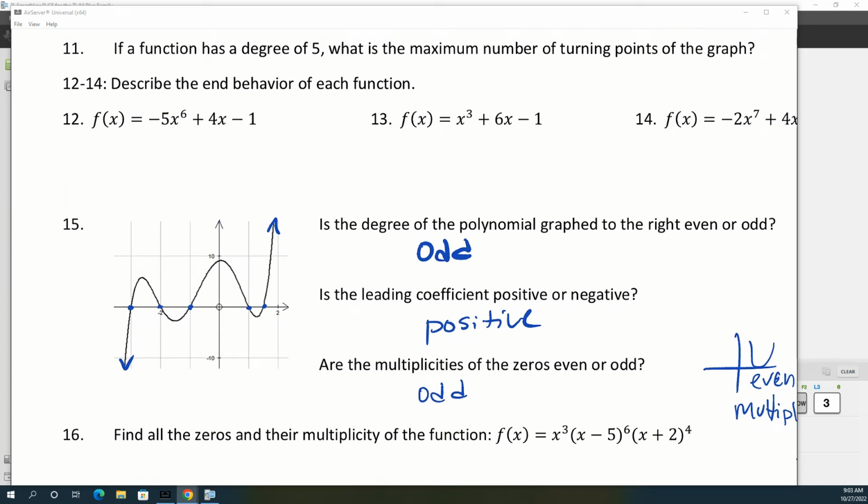So for the first one, we're describing the end behavior, which is what happens on the left and what happens on the right. So because it's an even degree, it's going to be the same. They're going to point in the same direction. And then this leading coefficient is negative, so they're both going to be pointing down.